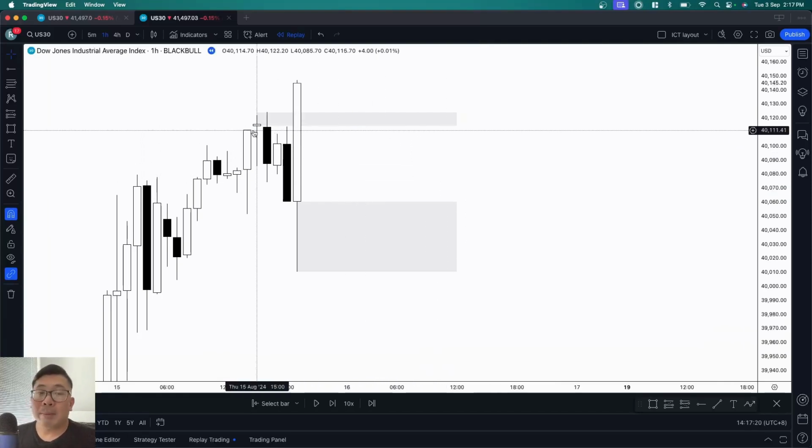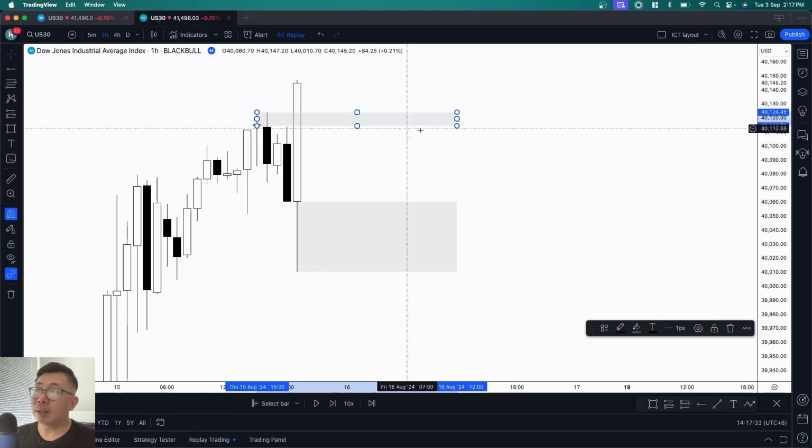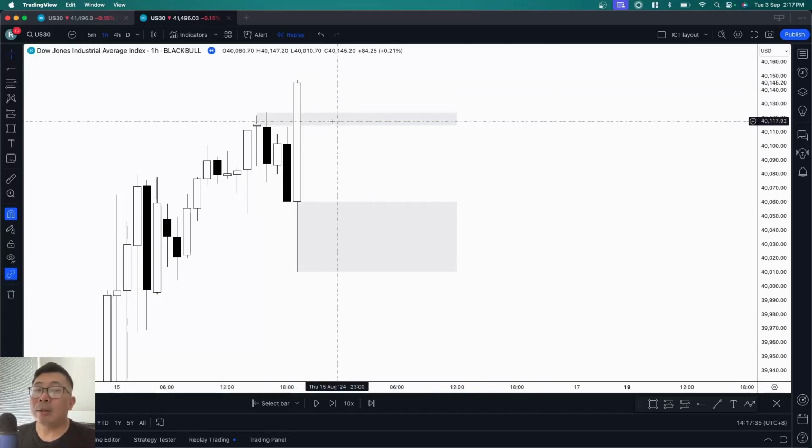Now, what do I mean by validate or invalidate? If I draw a resistance all the way to the wick, and this bullish candle closes within the zone, within this resistance, I cannot call that resistance broken. I cannot say that price has already broken the resistance.